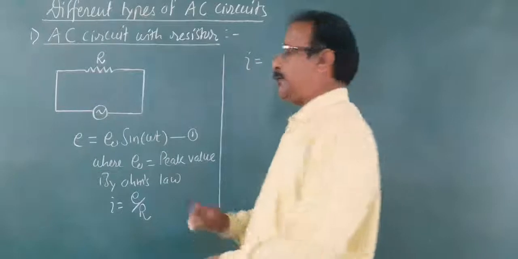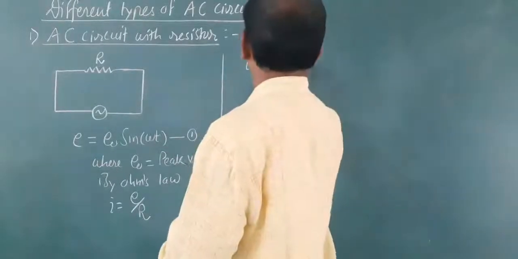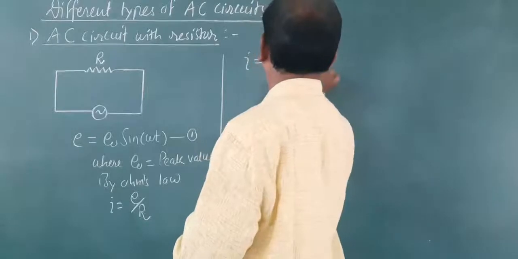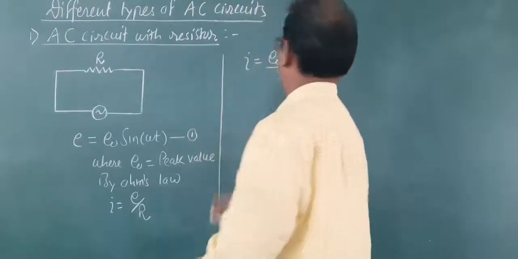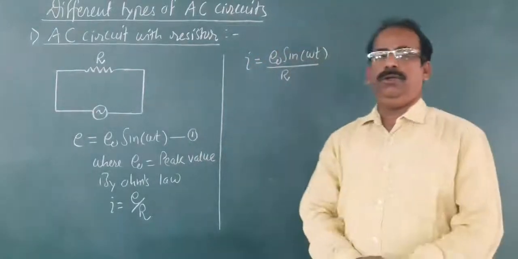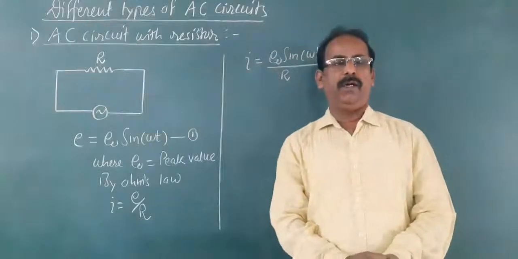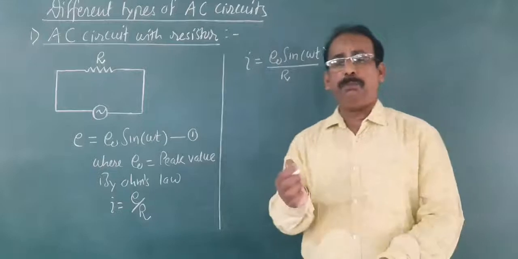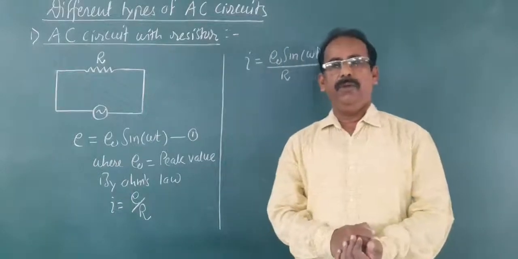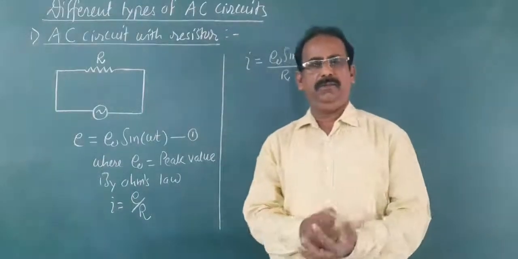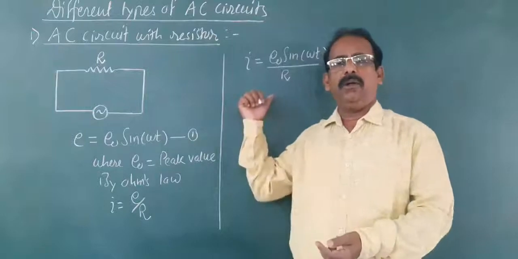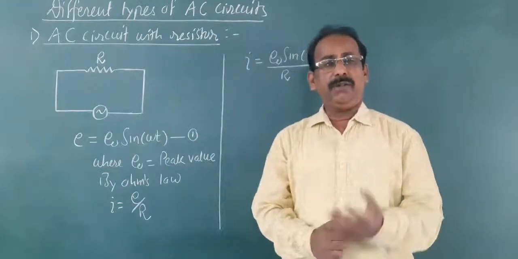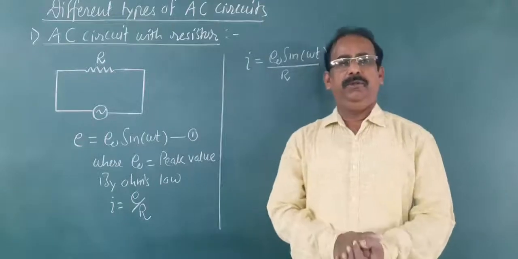The current at time t will come E0 sin omega t upon R. E0 is a peak value of EMF, which is fixed. R is the resistance of that resistor, which is also fixed.